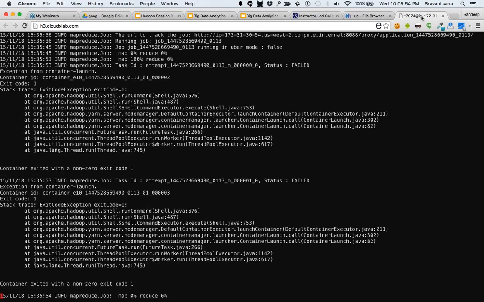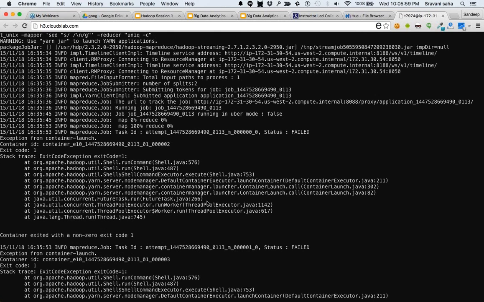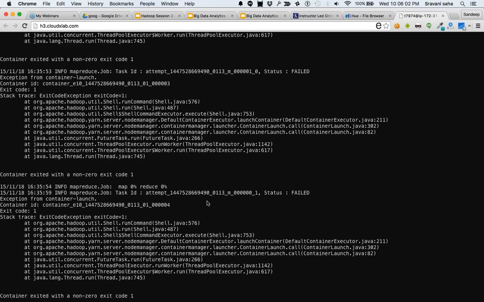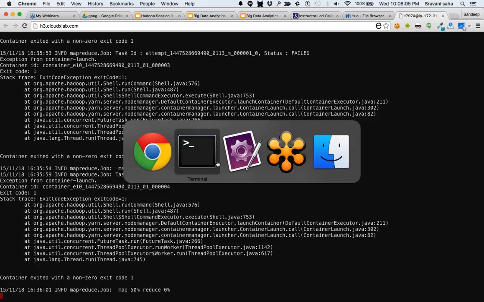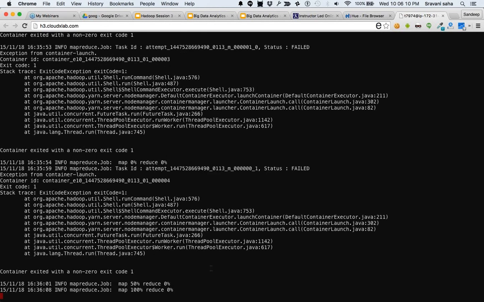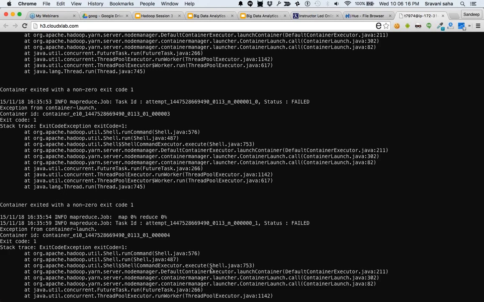So it's starting the MapReduce process. What does it say? It says that the command does not exist probably. Let's try to modify it a bit. Oh, this is correct only. All right, so maybe now you saw something.